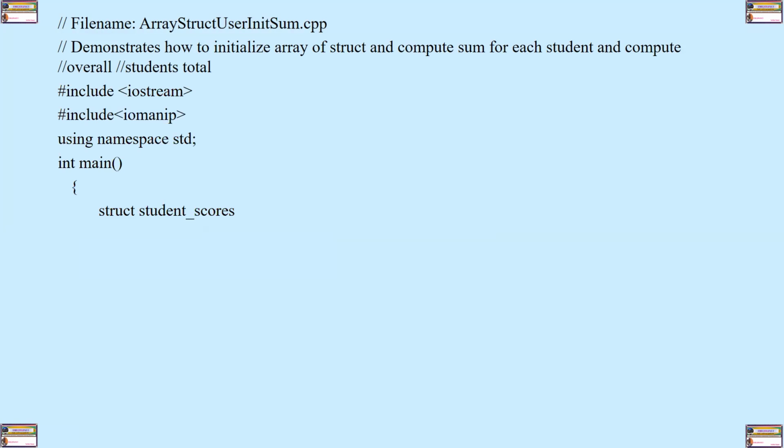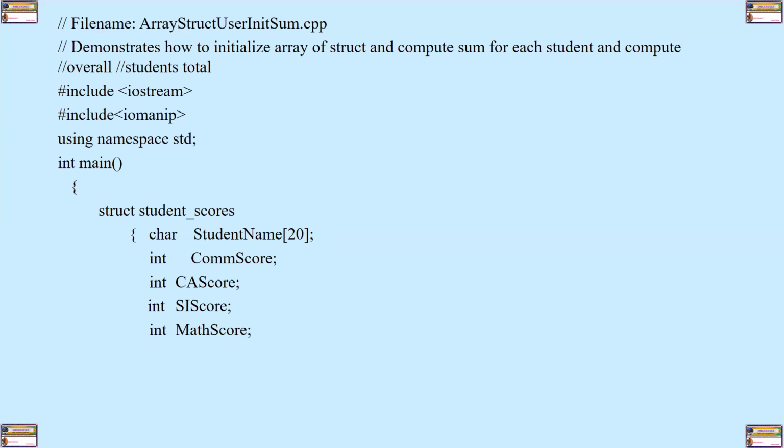And then we declare or define our structure. Our structure is still called student scores, and the members are the same ones that we have discussed in this presentation. But now, as I have said, the structure variable is students, and it has several students.